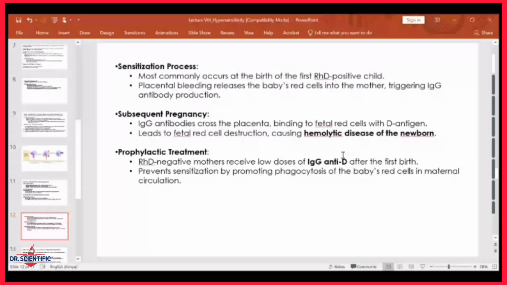Then subsequent pregnancies can be successful, and that is how you're able to deal with the hemolytic disease of the newborn. So that is type 2, ADCC. The key factors there are either complement that will form MAC, or IgGs coating cells, and these cells are going to be killed by immune cells.